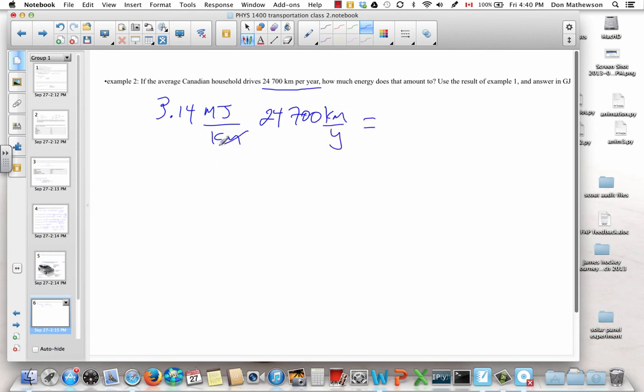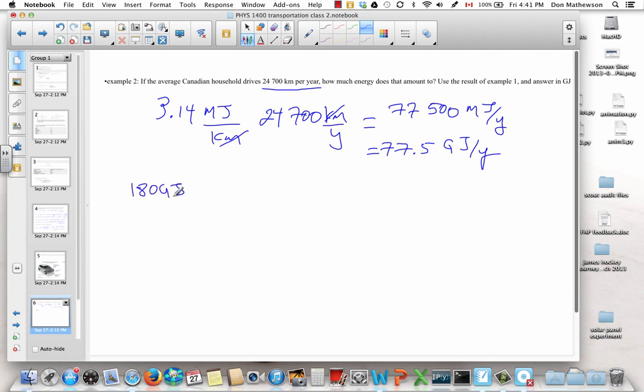If we multiply those together, we get about 77,500 megajoules per year, and then bumping that up one more metric prefix, we'll get 77.5 gigajoules per year.